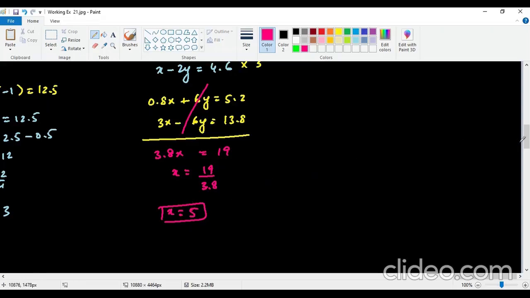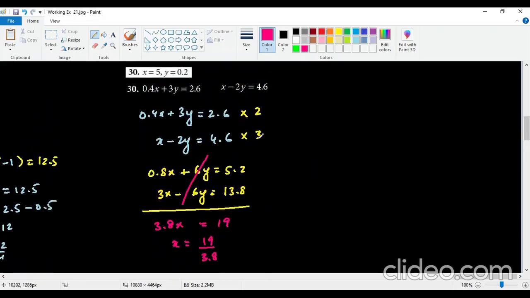Now we'll find out the value of y. x we already know. So the equation says 0.4x plus 3y equals 2.6. We know the value of x is 5, so 0.4 times 5, this one is giving 2, plus 3y equals 2.6.